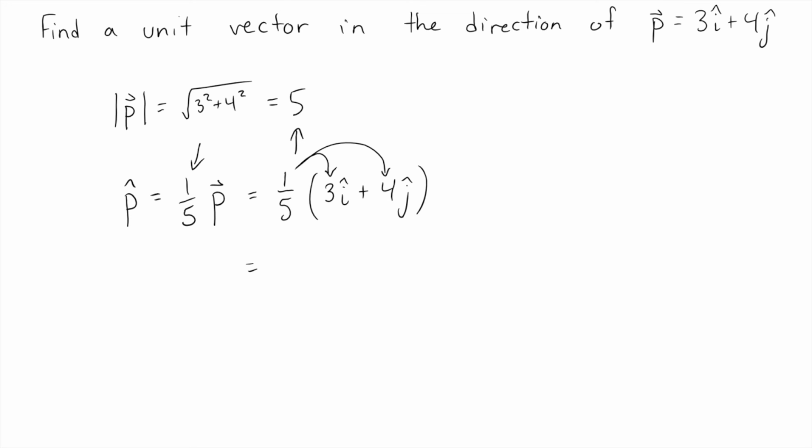And so I do 1/5 times 3, and I end up with 3/5 of a positive x vector, and 4/5 of that positive y basis vector. And so now that's a unit vector that's still going in the same direction as p, but again, p was length 5. This is now 1/5 the length, so now this is a unit vector going in that direction.